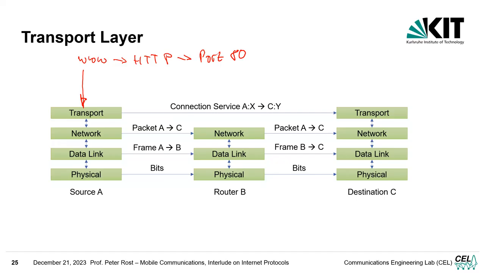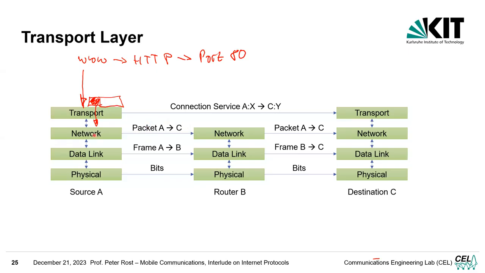Then you create your data packet, you add your header with this information. Then you go on to the network layer. The network layer would see, aha, I want to access a certain IP address corresponding to destination C, and builds a packet from IP address A to IP address C.